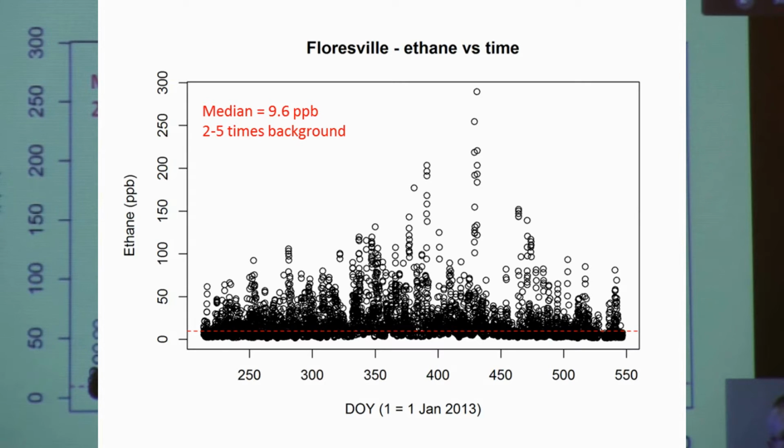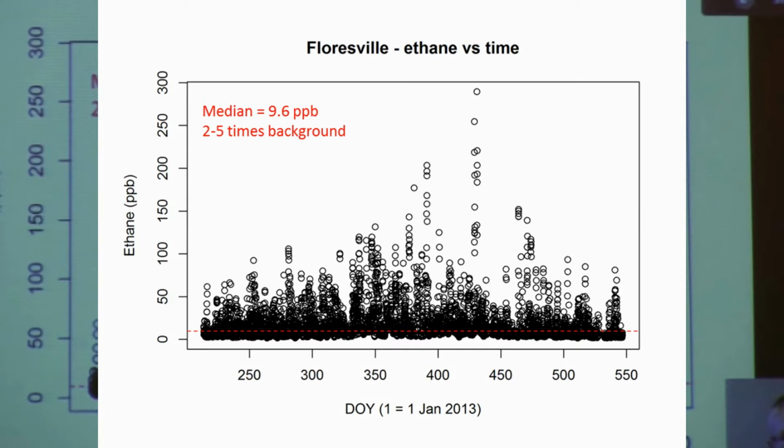Okay, so this is a complete time series, and two things I'd like to point out. We have a very low level at the bottom here, which is typically representative of background. So background is measured in Floresville every once in a while. We also have a very high variability. We get 50 ppb plus values on a regular basis.